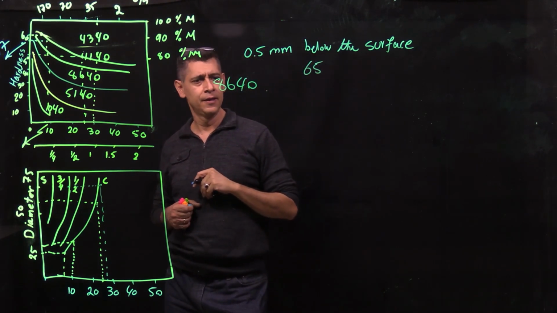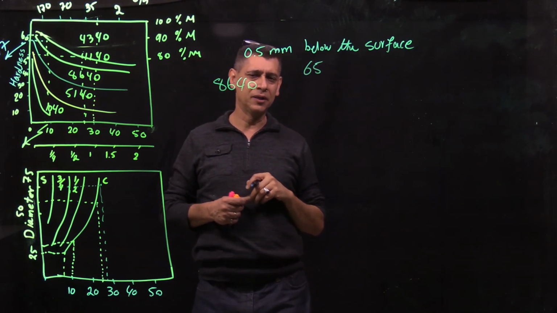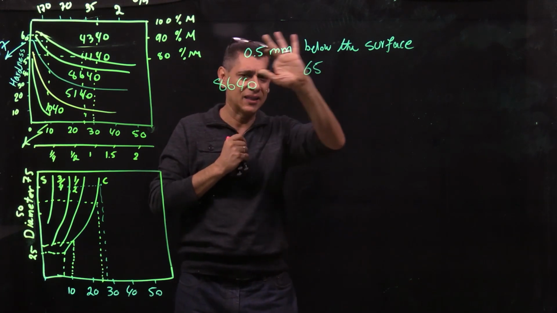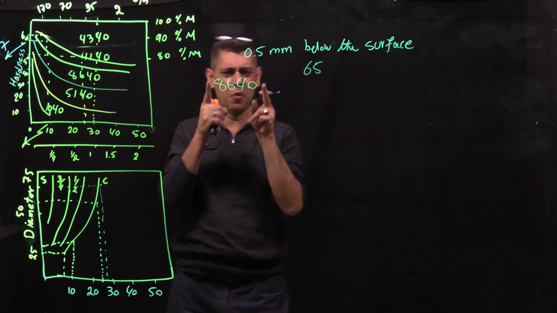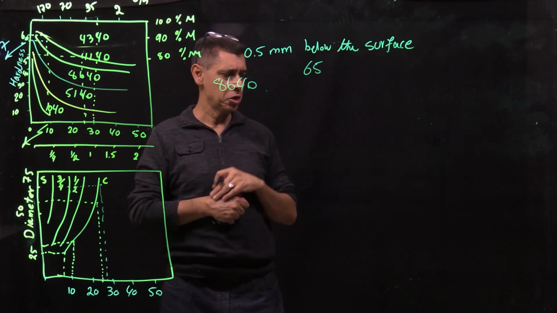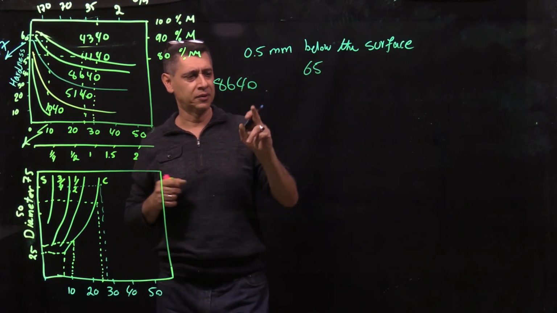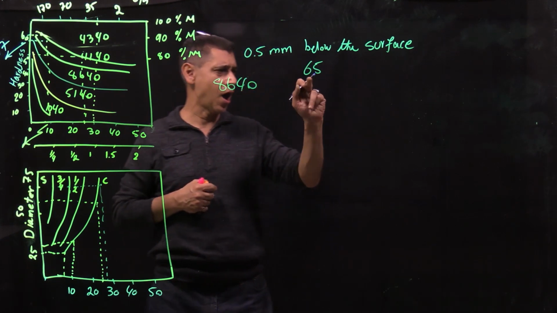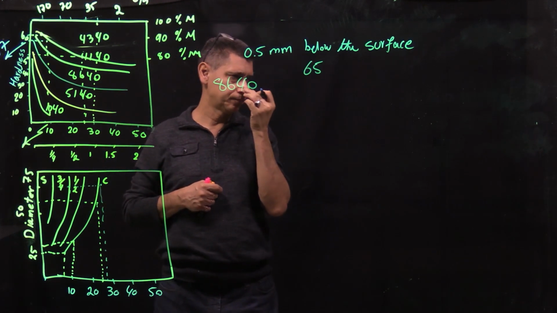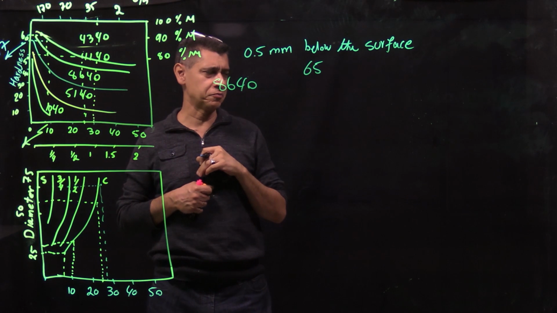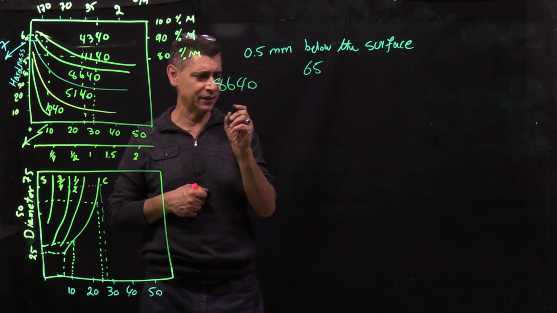So in this case, you will say, well, I wish it had not asked about this part, because everything was perfect for 8640. Minimum, maximum, hardness everywhere. But this high hardness below the surface makes only one candidate, and that is 8660.